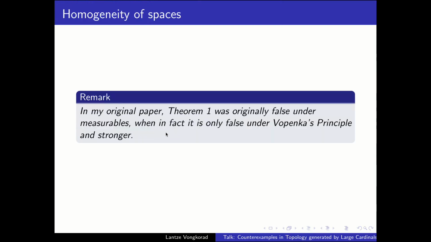And in my original paper, so this is a misstep. Theorem 1 was originally false under measurables, but it is actually only false under large cardinals stronger than Vopěnka's principle. And here's another relevant theorem regarding homogeneity of spaces, which essentially states that if X is a zero-dimensional space that is first countable, then X to the omega, I think it's supposed to be countable.